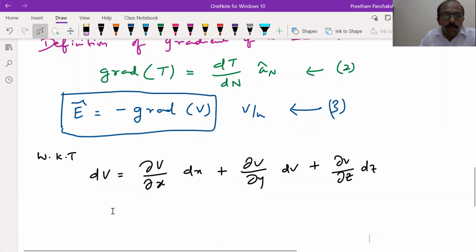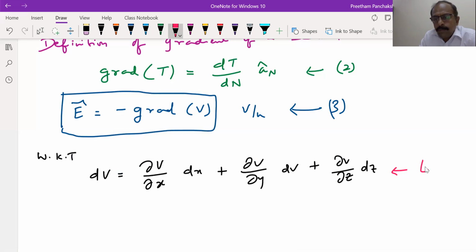Based on that, the total change in potential will be calculated as the sum of the changing potentials in the x, y, and z directions. In this case, potential is a scalar quantity, so the right side of the equation is also scalar. You are not going to find any unit vectors on the right hand side of the equation. You have to be careful about that. Let us designate this equation as equation 4.